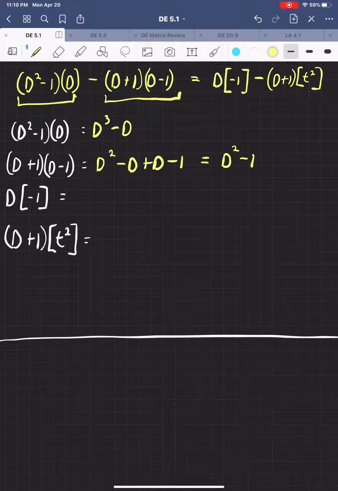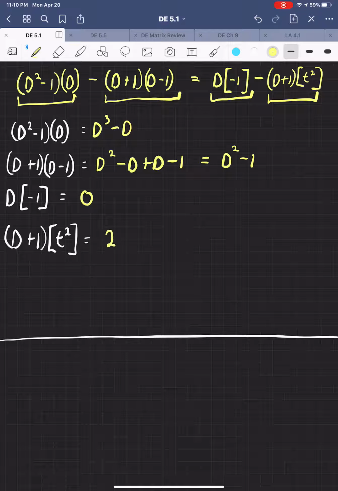Then of course at this stage, when you take the derivative of negative 1, you get 0. And then we would have d of t squared, whose derivative would be 2t.